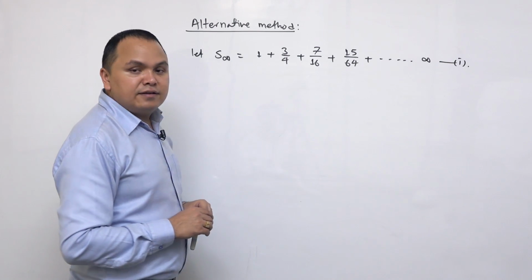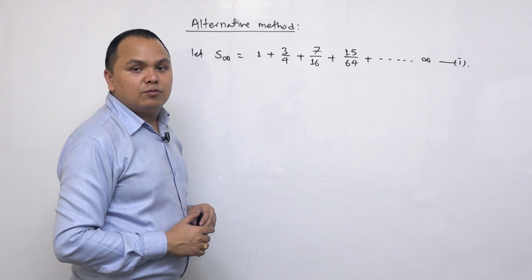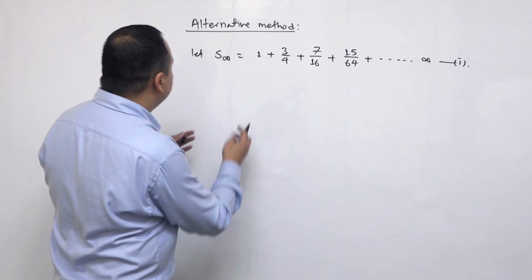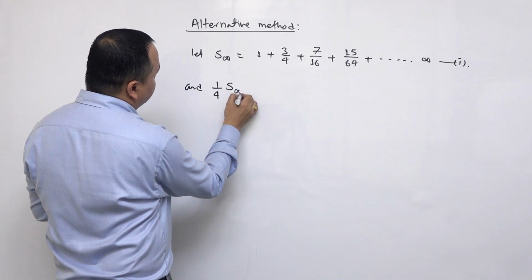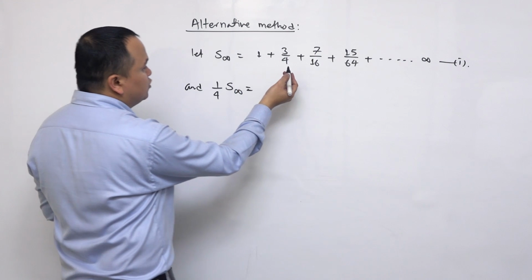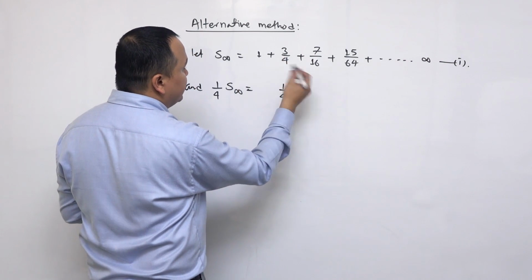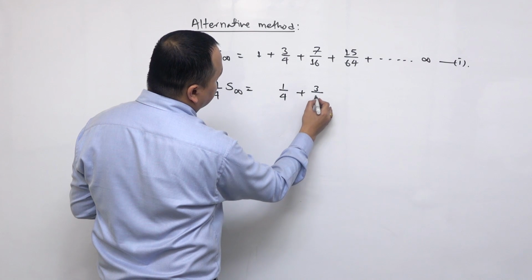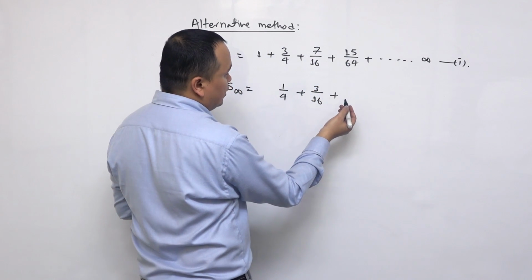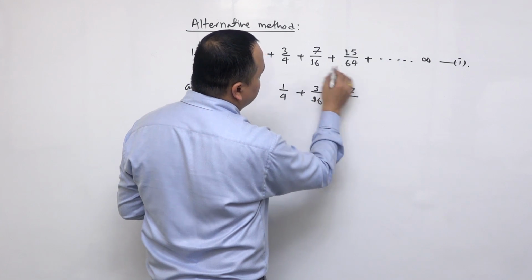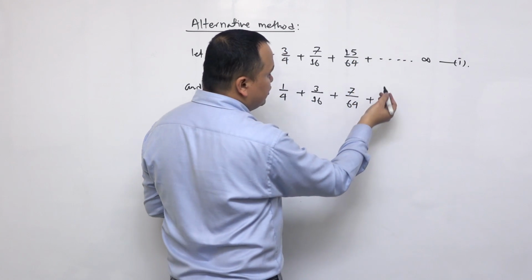So multiplying both sides of equation I by 1 upon 4, we have 1 upon 4 S infinity equal to 1 into 1 upon 4, 3 upon 4 into 1 upon 4, 3 upon 16, 7 upon 4 into 1 upon 4, 7 upon 64, 15 upon 16 into 1 upon 4.